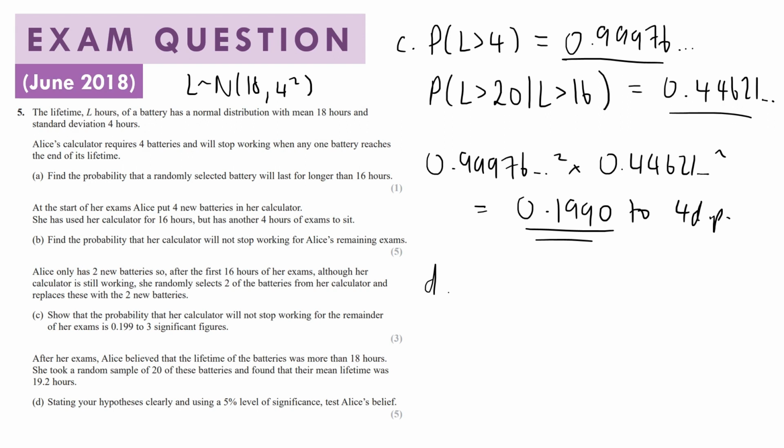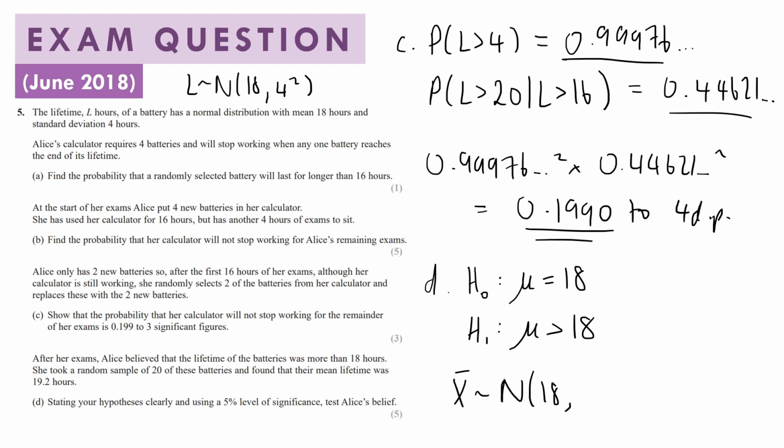So first of all, our null hypothesis is going to be that mu stays the same, is equal to 18. And our alternative hypothesis is going to be that mu is greater than 18. And we're using the sample means distribution. So we have the same mean, but the variance is going to be divided by the sample size, which is 20.